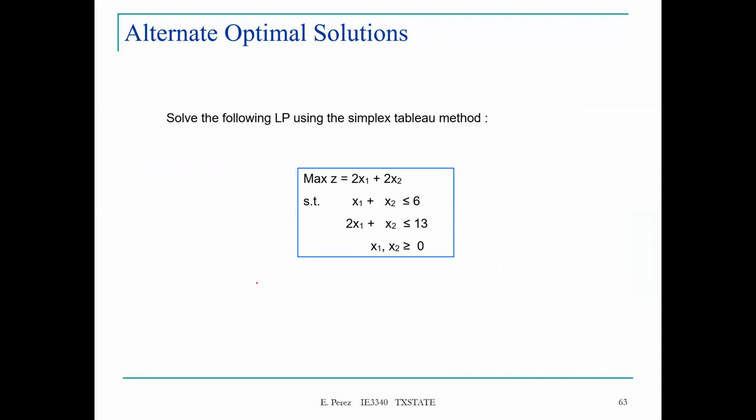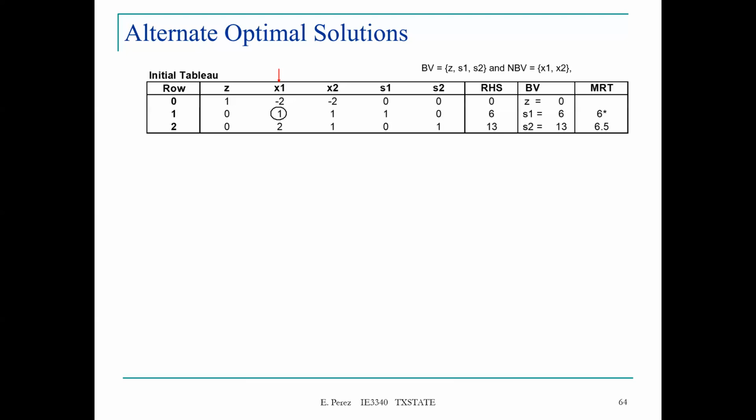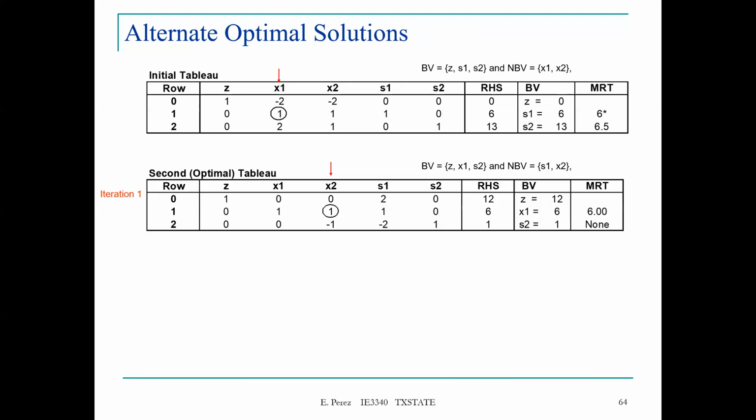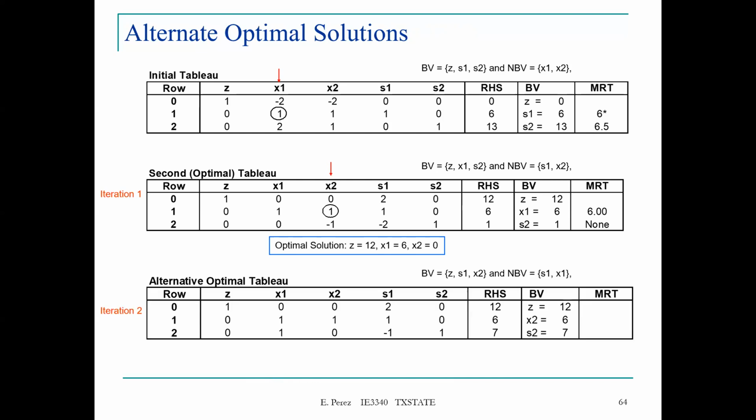So here's an example. Solve the following LP using the simplex tableau method. Now I'm going to show you the last tableau. After performing the iterations, we got to this solution: Z equals 12, X1 equals 6, X2 equals 2.